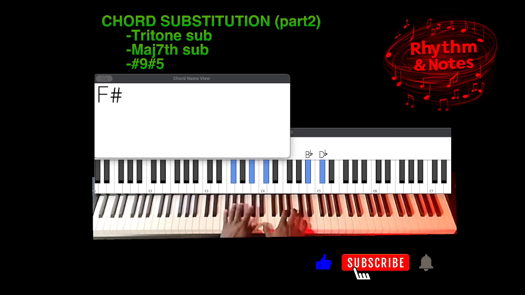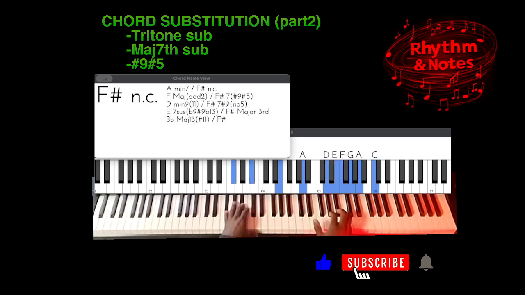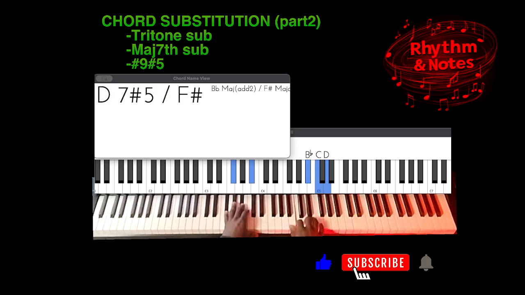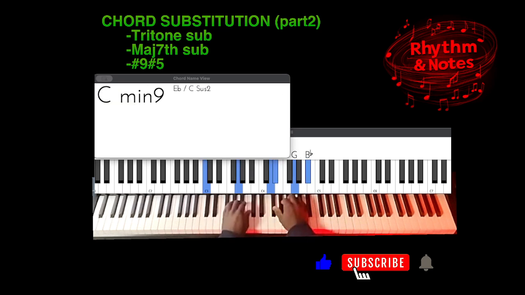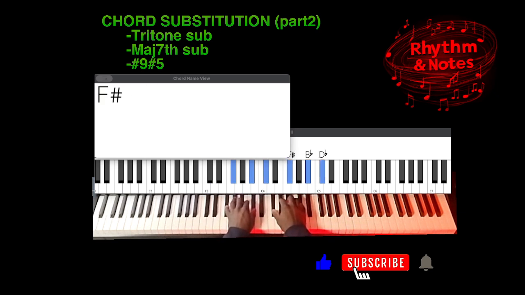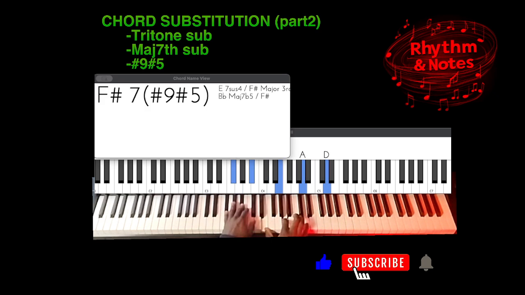But you have to alter it to bring it into the diatonic scale of B flat or F. I hope that's clear. That's why we're altering it. So this doesn't sound good, but this does, and that's the reason.